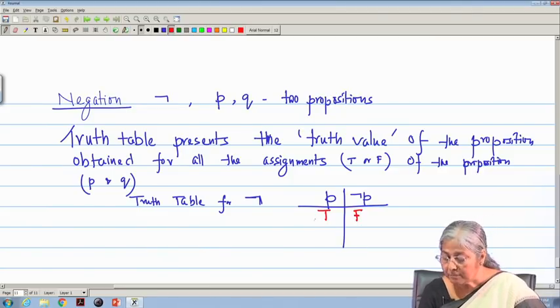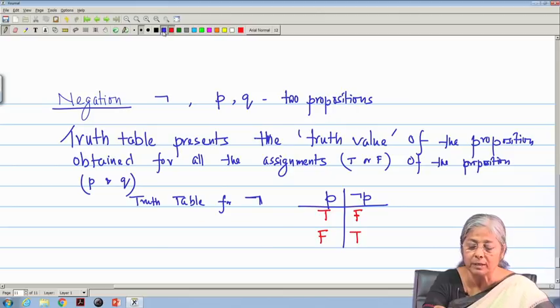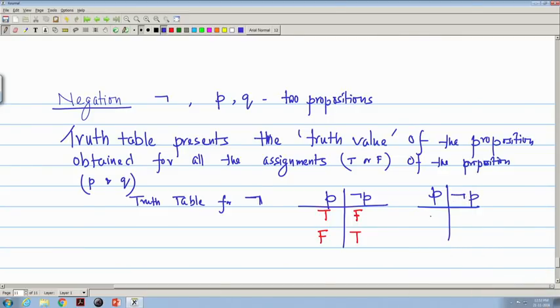If P is false, negation P is true. Or I can also write it as 0 or 1: if it is 1 it is 0, if it is 0 it is 1. So, this is the truth table.